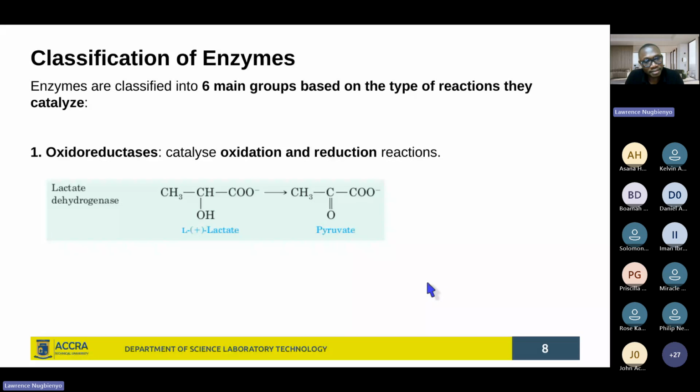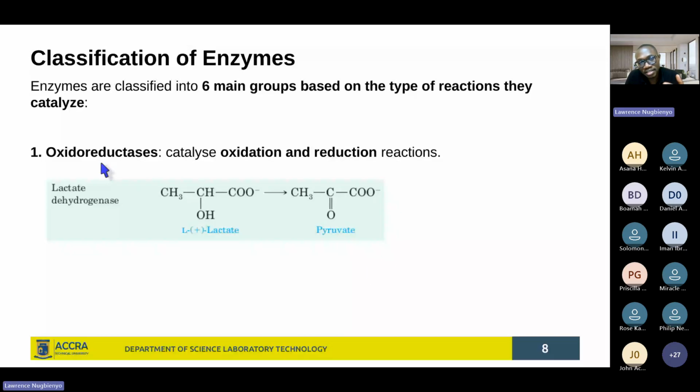Enzymes can be classified into 6 major groups. And the first group is what we refer to as oxidoreductases.